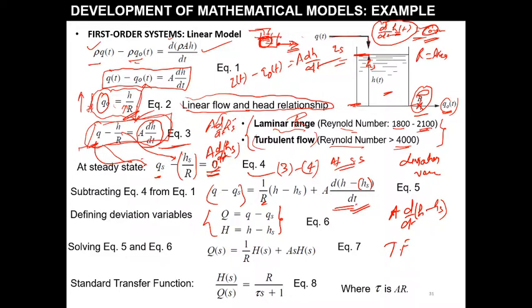So defining the deviation variables, q minus qs is equal to capital Q and h minus hs is equal to capital H. So simply it becomes Q equals H by R plus A d by dt of H. What is the Laplace transform of d by dt of H?